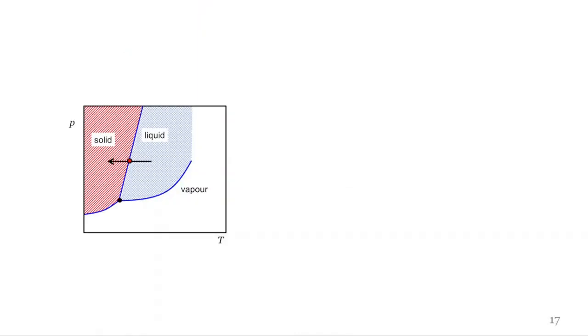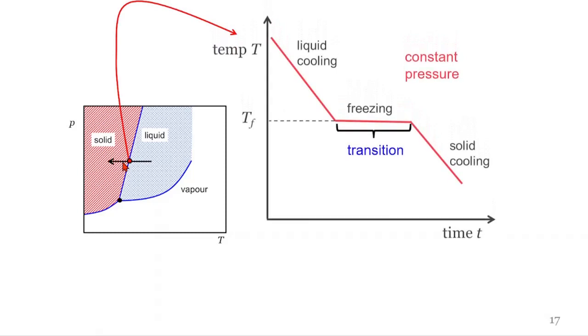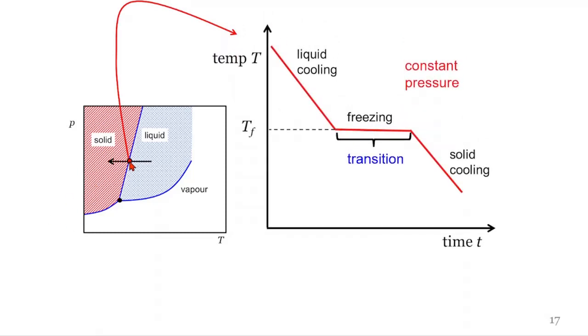So let's look closely at what happens during phase transition. Let's look at the case of a transition from liquid to solid. We magnify the tiny little red dot there to something like this, a plot of temperature against time.